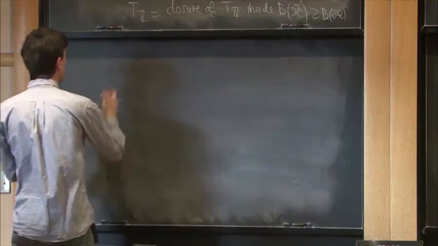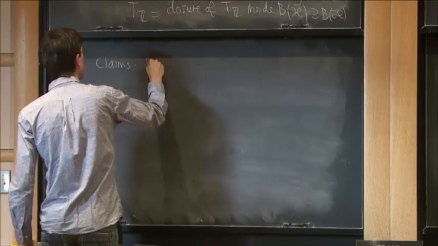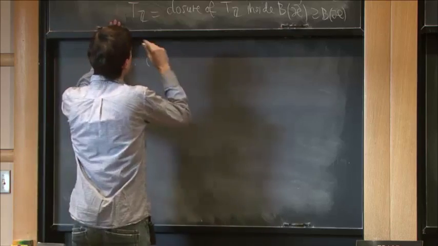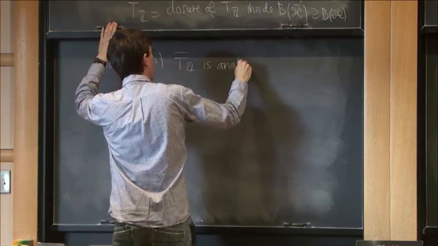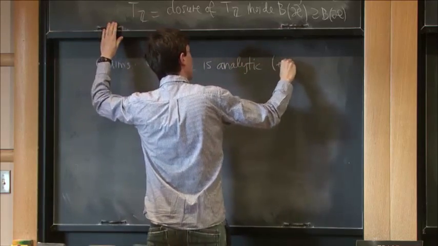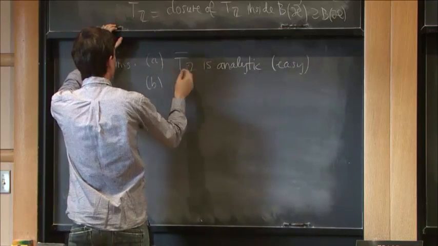Okay, let me write this down. This involves two claims. The very easy one is that this closure is analytic. And then the second part is the intersection.